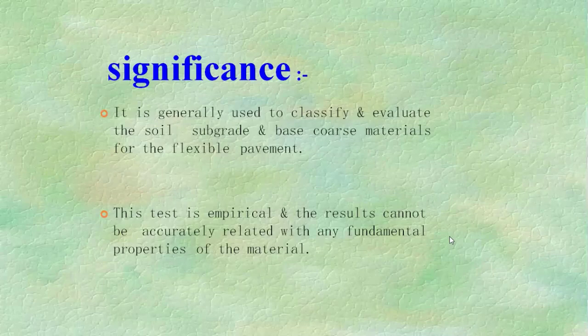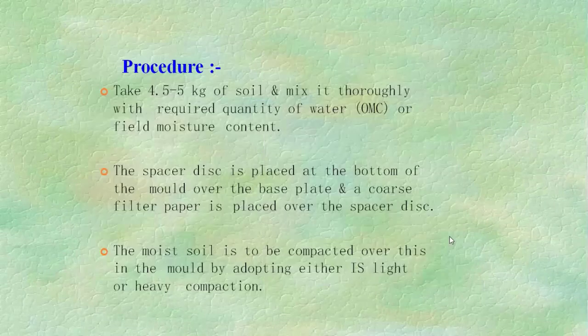It is generally used to classify and evaluate the soil subgrade and base course material for flexible pavement. This test is empirical and the result cannot be accurately related with the fundamental properties of the material. So this is the procedure as we already discussed in the previous slides.